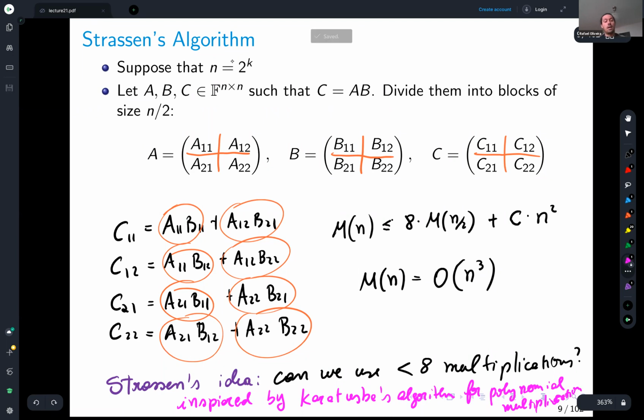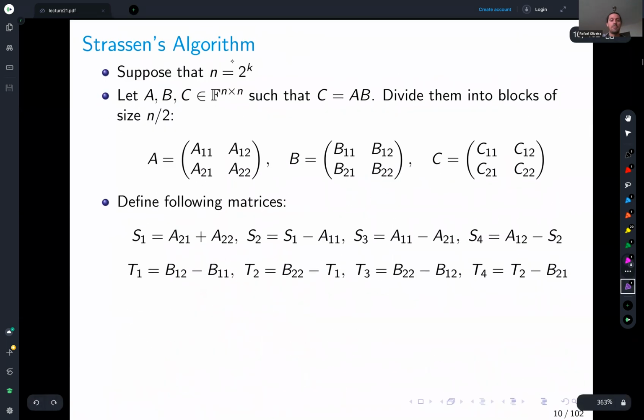Strassen already knew that to multiply 2 polynomials, you can do a divide and conquer like this, and you do save on the number of multiplications. And he just asked, okay, does the same work for matrices, right? And as we're going to see, this is a little bit more involved than Karatsuba's algorithm, right?